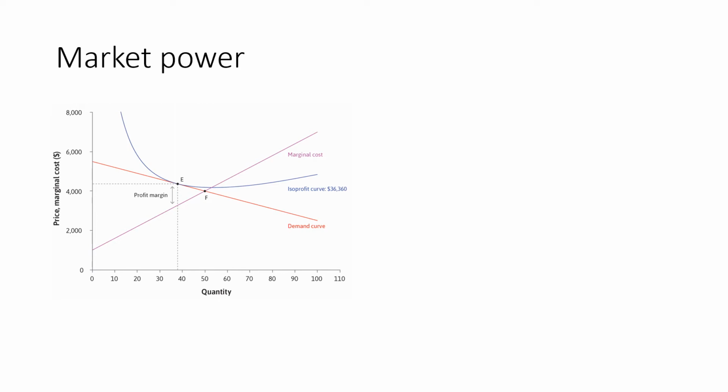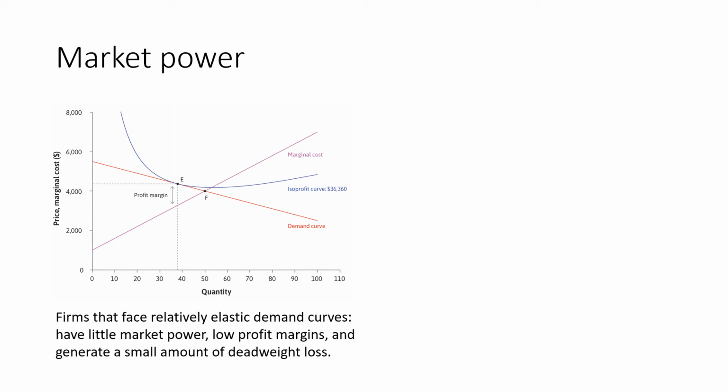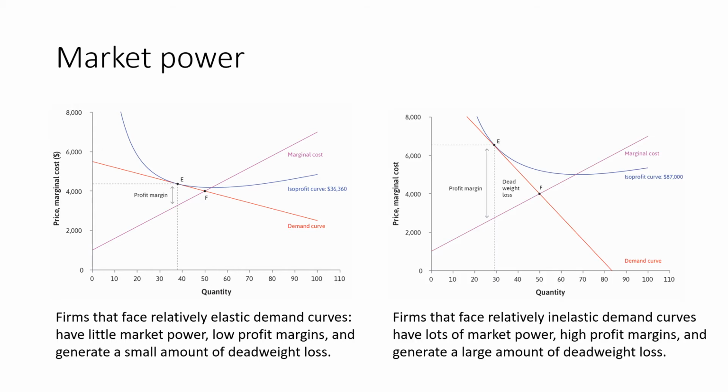So here in this figure, firms that face relatively elastic demand curves have little market power, low profit margins, and generate a small amount of deadweight loss. And here on the right hand side, firms that face relatively inelastic demand curves have lots of market power, high profit margins, and generate a large amount of deadweight loss.